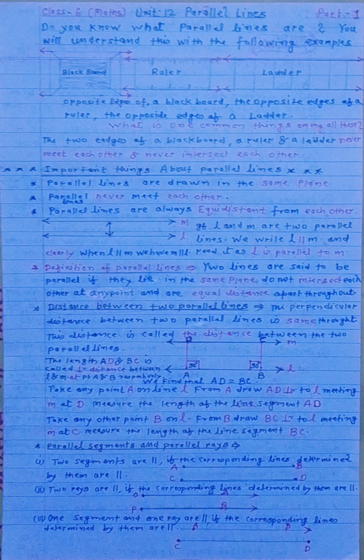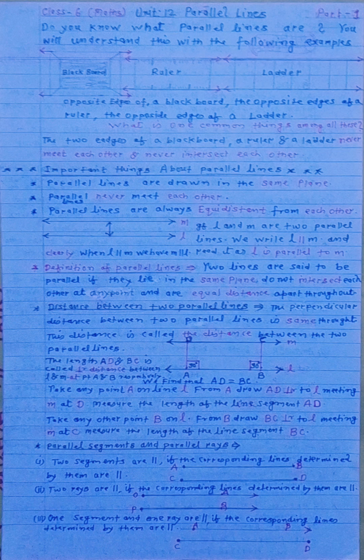Take any point B on L. From B, draw perpendicular BC to L, meeting M at point C. Measure the length of the line BC. We will find the lengths of AD and BC remain the same, and this is the distance between the two parallel lines L and M.